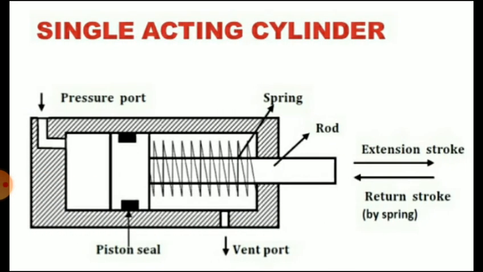So first is the single acting hydraulic cylinder. You can see the diagram. The piston and the piston rod are shown in a cylinder. Then in the cylinder there is a pressure port and a vent port, and the spring is shown on the piston rod.